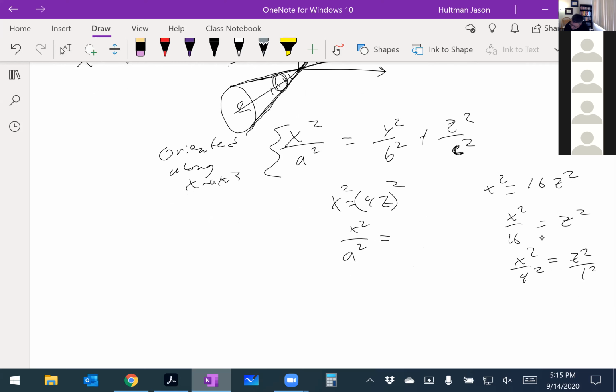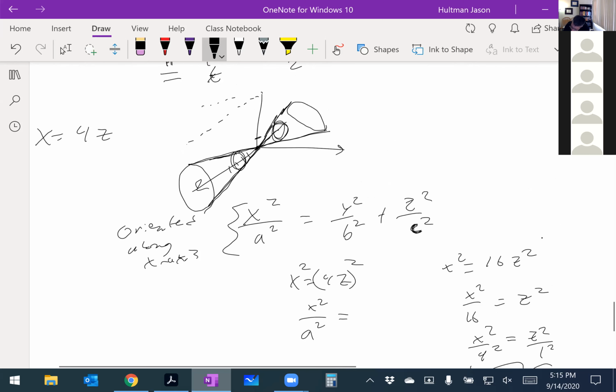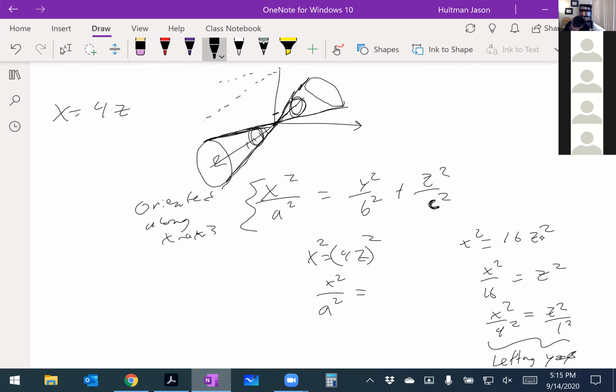If you let y be 0, letting y equal 0, so along this axis, the problem is that y is not always 0.